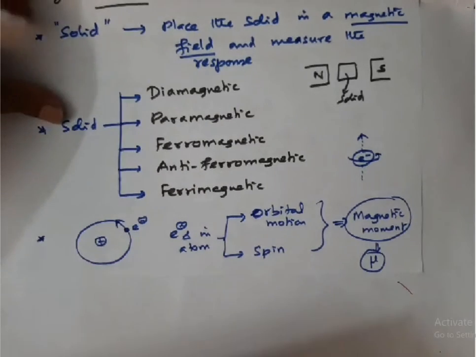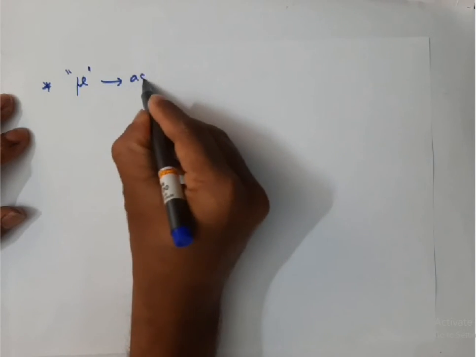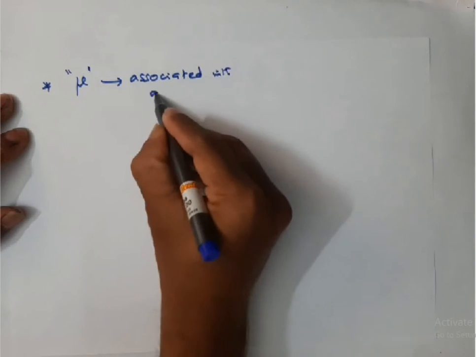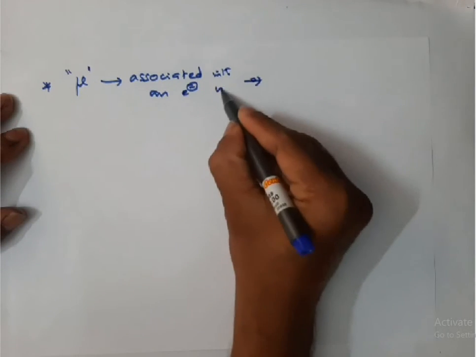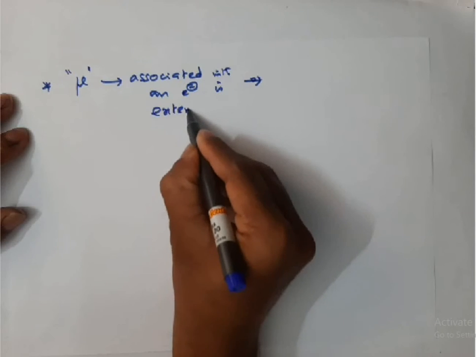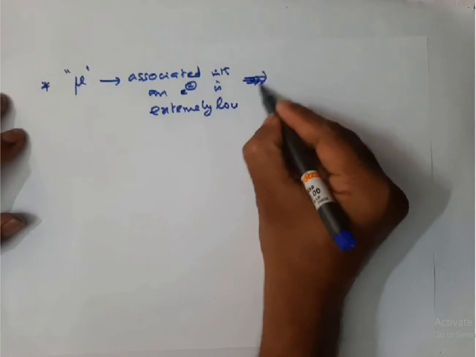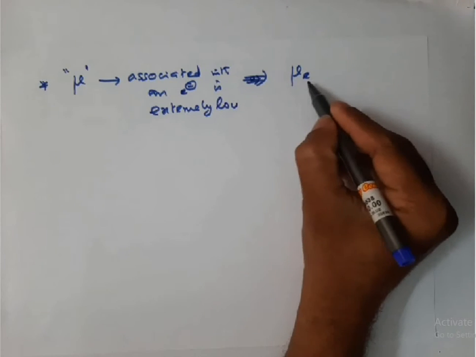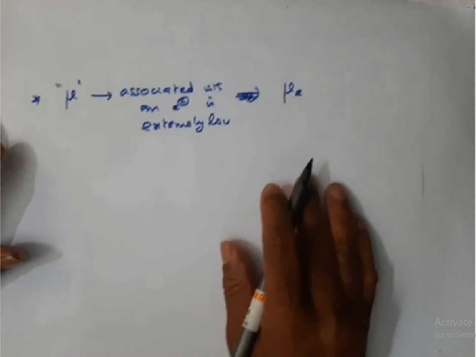The magnetic moment mu associated with an electron, let me write this as mu e, is extremely low, very very low.